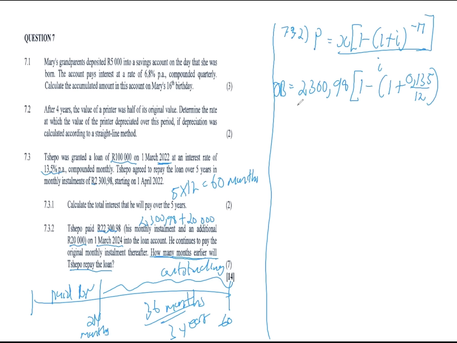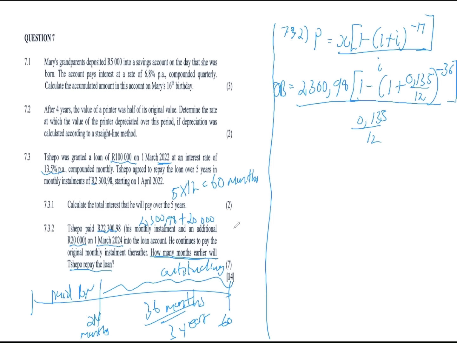Okay, then over 0.135 over 12. So the n here has to be 36. So these are the outstanding number of months in order for the loan to be completed, right? So we are still assuming that if he did not pay the 20,000, then how much would be left?